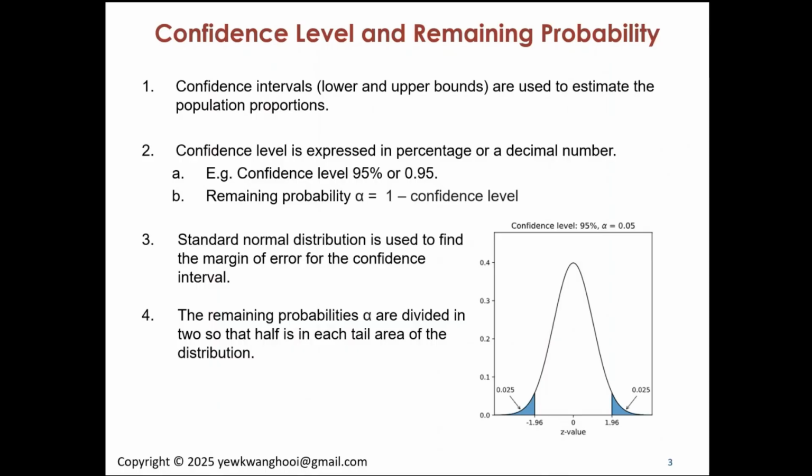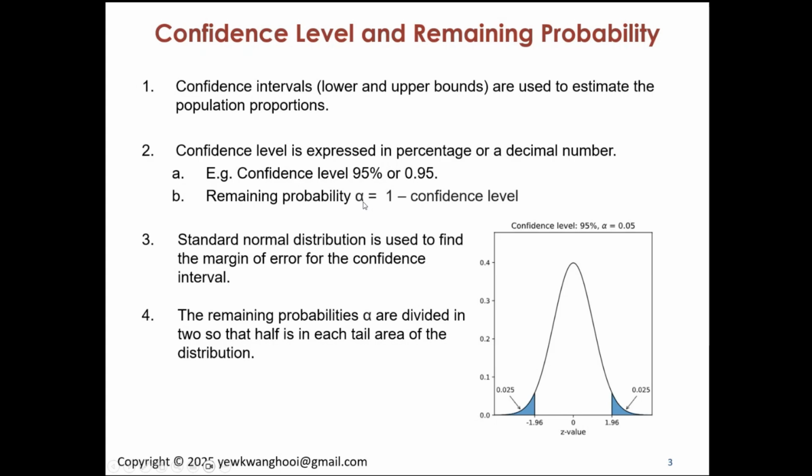Now, 100% minus 95% is 5%, equivalent to 1 minus 0.95. That will give us the remaining probability. Look at point 2a, remaining probability. So if we want 95% confidence, the remaining probability will be 5% or 0.05. This remaining probability is usually given by the Greek symbol alpha.